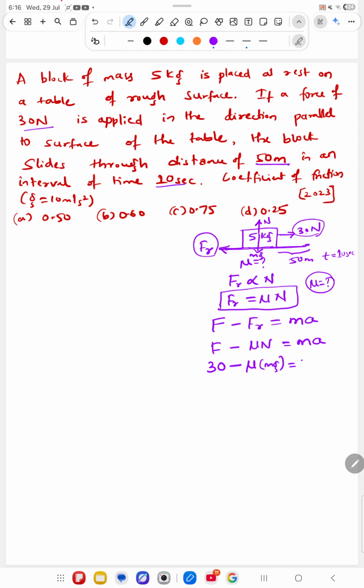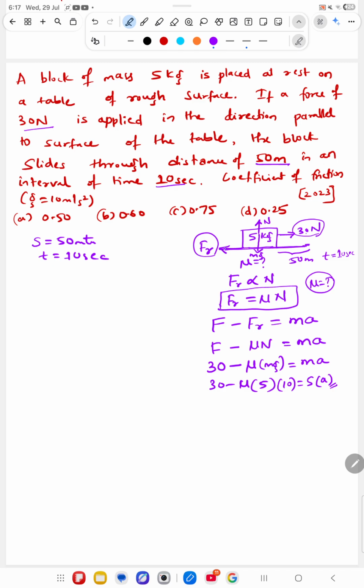So 30 minus mu, m is 5 kg, the mass of the object, and g is 10. So 5 into a; I don't know the value of the acceleration. To calculate this acceleration, they have given a distance of 50 meter, and to travel this distance they have taken a time of 10 seconds.